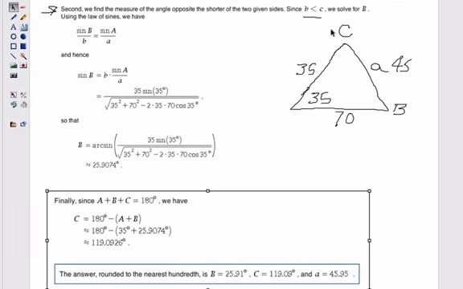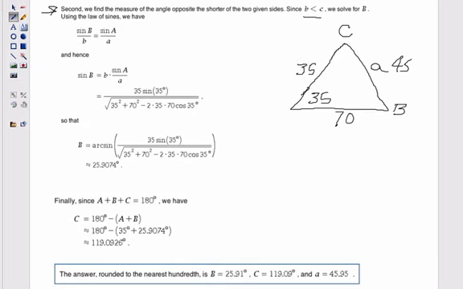Okay, now we have our picture here, so that helps us. So remember that using the law of sines, the sine of angle B over the side b is equal to the sine of angle A over side a.